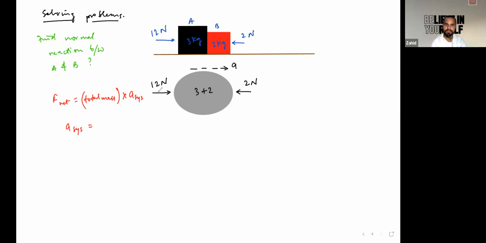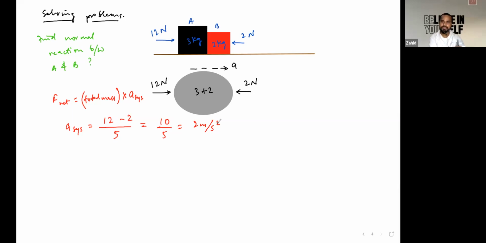We have 12 Newton on the right side, so take it positive, and 2 Newton on the left side, so take it negative. So you will get 12 minus 2 divided by 3 plus 2 as total mass, which is 5 kg. So it will be 10 over 5, which is equal to 2 meter per second squared. So first of all, try to find the acceleration of the system using the second law. Is it clear?